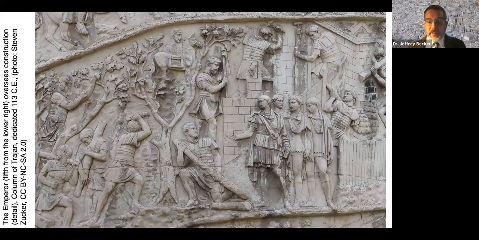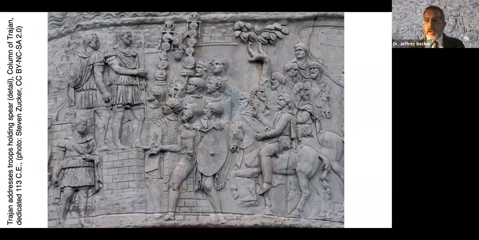You want to be able to find the emperor and see what he's up to, whether he's supervising the activities as he's doing here, or whether he's involved in some sacred or civic ritual. Here he addresses the gathered soldiers from a speaker's platform with sacred symbols of the army. It's easy to pick him out. It's easy to recognize him.